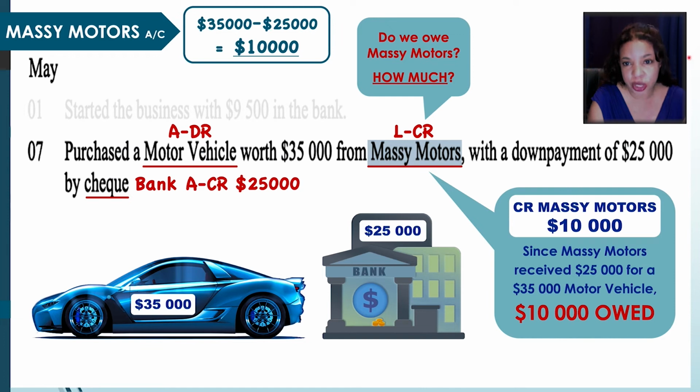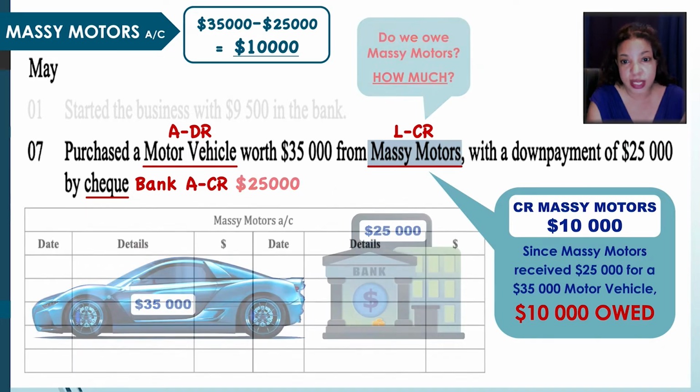So how much are we going to credit Massy Motors, which is a payable, a liability? $10,000. How did we get to $10,000? Motor vehicle with $35,000. We only paid $25,000, still owing $10,000. So you could just put a little note there: credit Massy Motors $10,000.